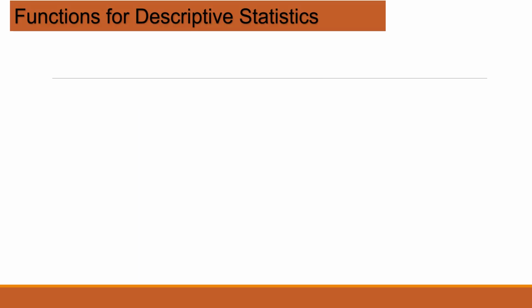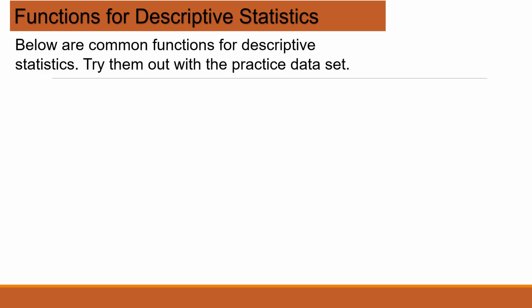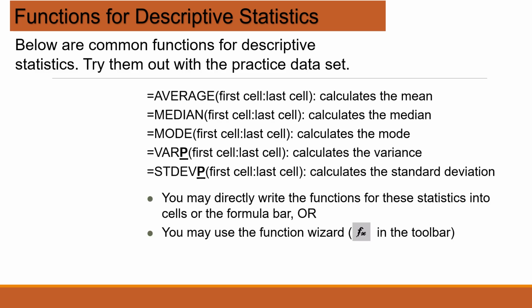Now, let us look at the common functions that are used for descriptive statistics in Excel. For example, if we want to calculate the mean of a data, all we need to do is write equal sign average. The average represents the function for calculating mean.